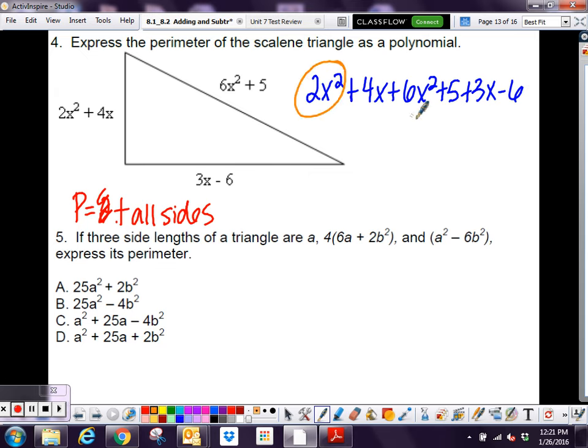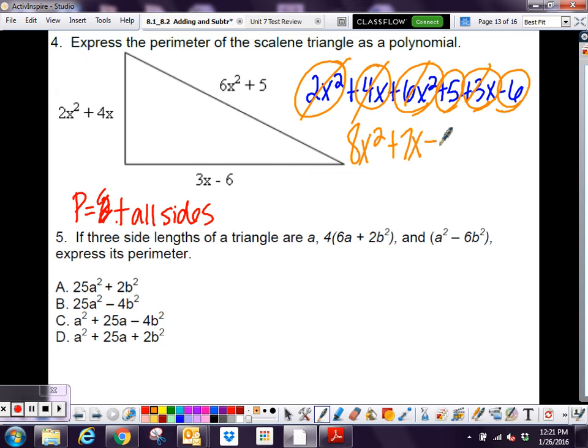So I've got 2x squared plus 6x squared. So that's 8x squared. I have a 4x plus a 3x. So that's 7x. And then I have 5 minus 6, which gets me minus 1. So this is our perimeter. You're not going to actually get a number. You're going to still have variables in it.